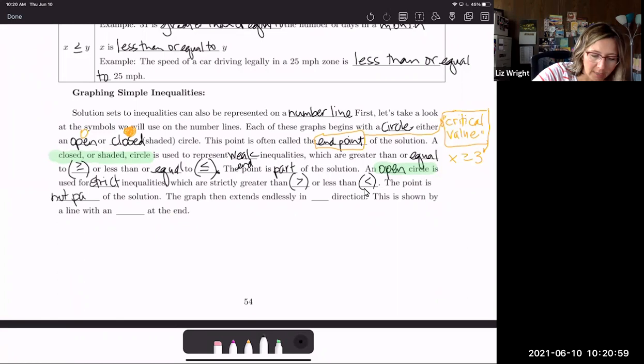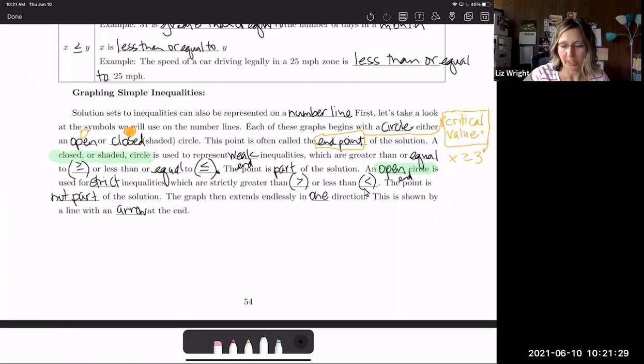And I'm actually going to fill in the word end, the endpoint, which I also like to call the critical value is not part of the solution set, which is why it's an open circle. It's not included in our solution set. The graph then extends endlessly in one direction towards either positive infinity or negative infinity. And this is shown by a line with an arrow at the end.